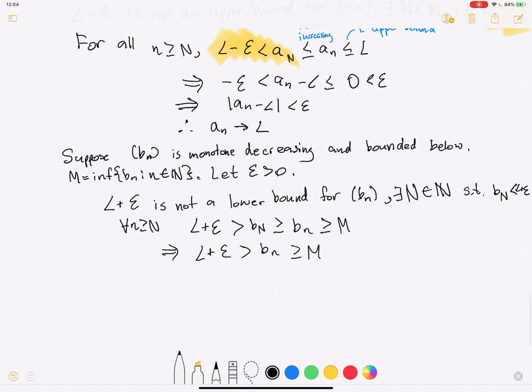And subtracting epsilon, or subtracting, why do I have m's and L's? My bad. So that's an m. I have another L somewhere. No, looks like we're good. Subtracting m from every side, we have that epsilon is greater than b_n, is greater than or equal to m.